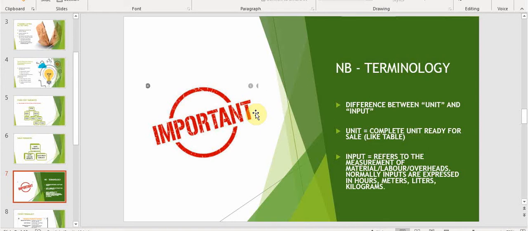So those are inputs because those are effectively the things that we need in order to be able to produce a complete unit. It's quite important for you to understand the difference between the word unit and the word input. So inputs, again, refer to meters, liters, hours, kilograms.